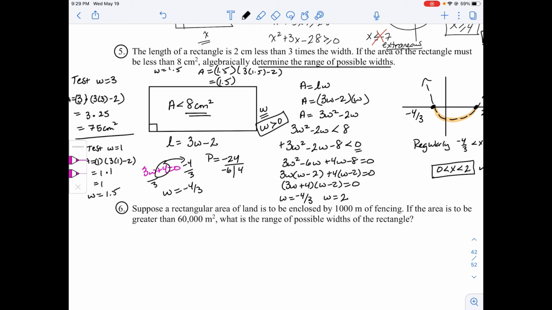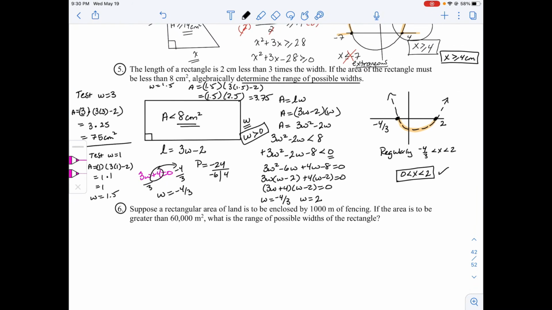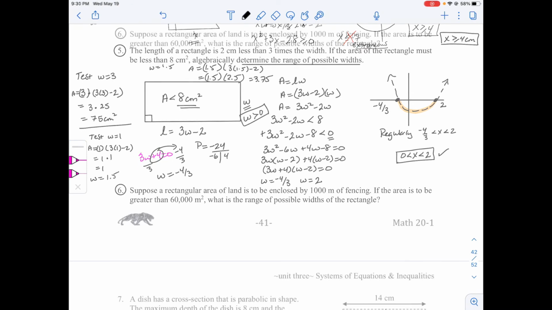Subtract 2 gives us 2.5, and 2.5 times 1.5 gives us 3.75. So anything between 0 and 2 will give us an area less than 8, as long as our width is between 0 and 2. So keep that in mind for that question.